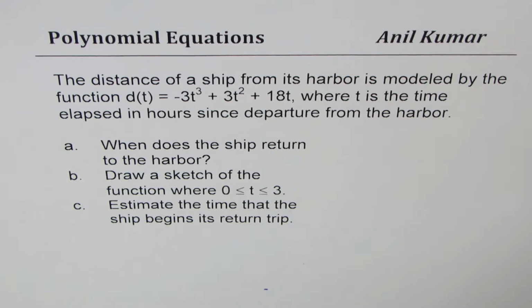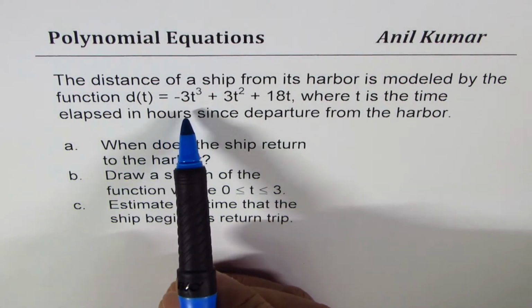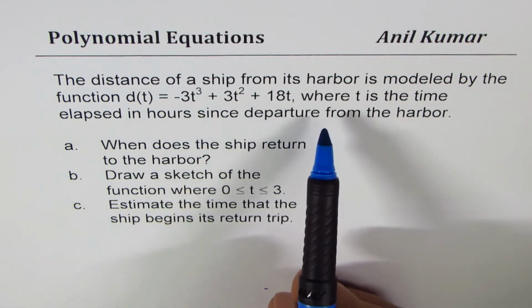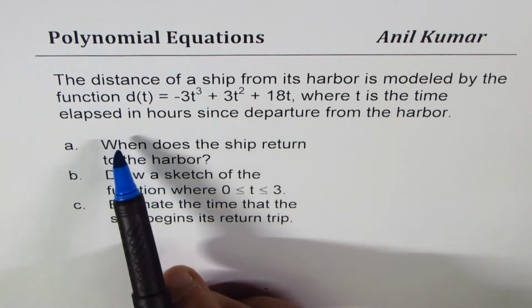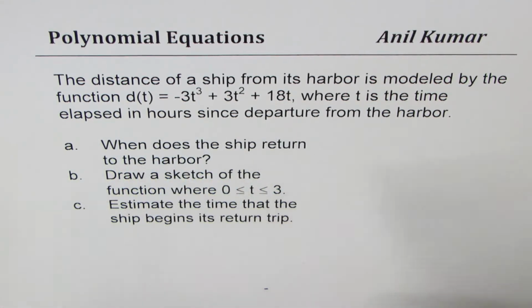The question here is: the distance of a ship from its harbor is modeled by the function d of t equals minus 3t cubed plus 3t squared plus 18t, where t is the time elapsed in hours since departure from the harbor.